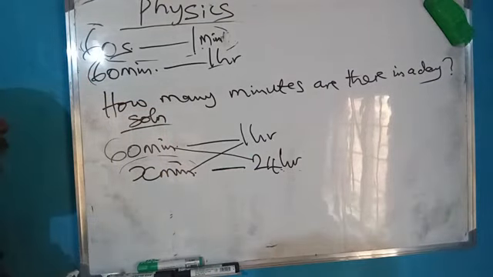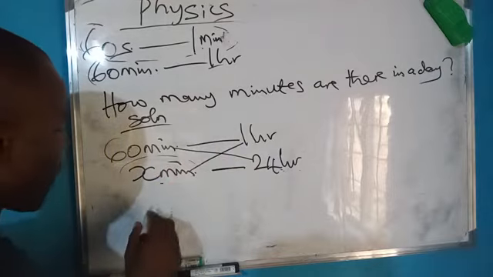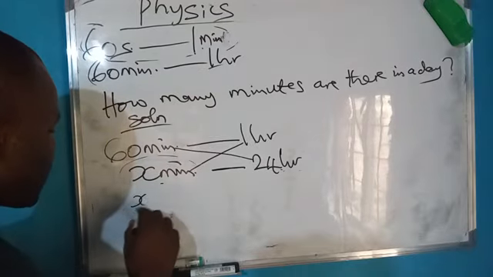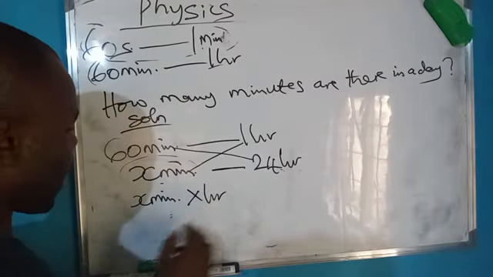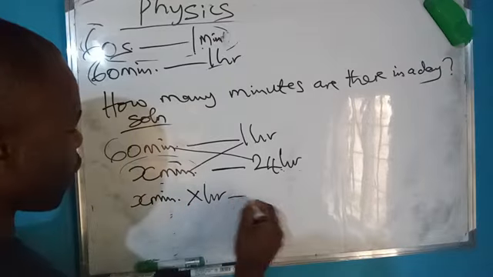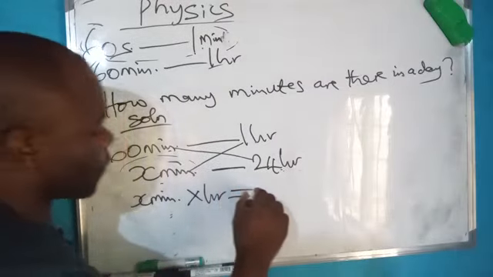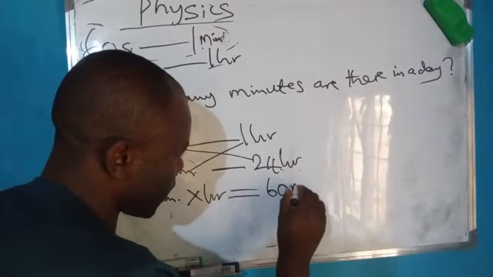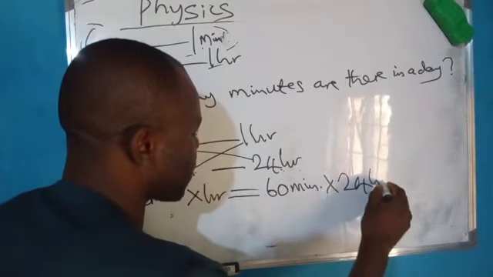When you cross multiply, what you have here is x times 1 hour will give you x minutes times 1 hour. Is that clear? Equal to 60 minutes times 24 hours.